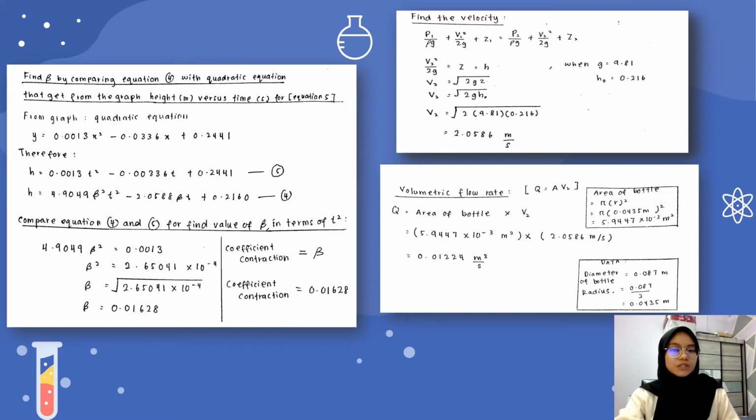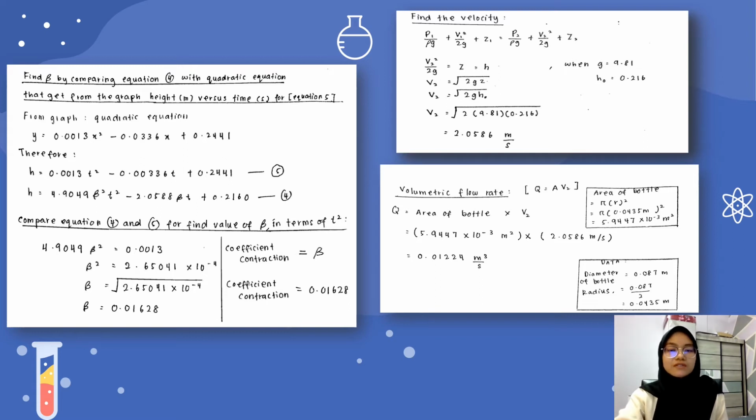As we know, the coefficient of contraction is equal to beta, and the value of the coefficient of contraction is 0.01628. Then we proceed to find the velocity by using the equation that we derived earlier, by substituting the gravitational acceleration and height that we can get from our table.